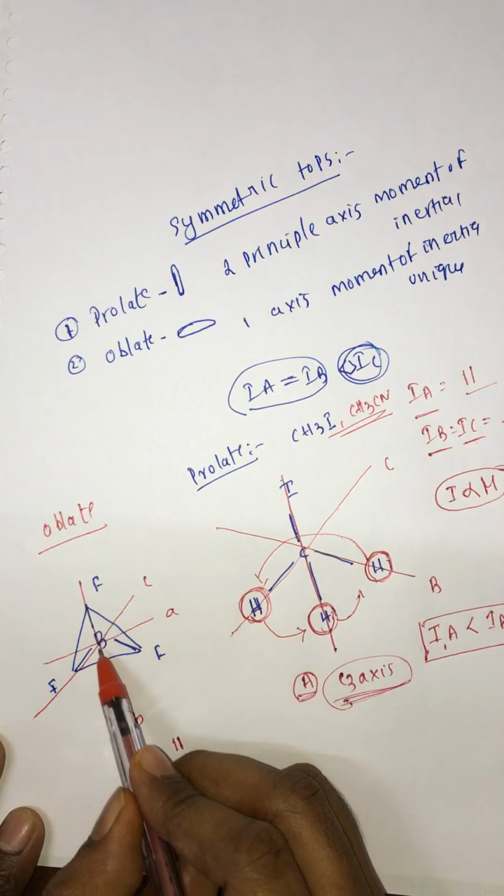This is T shape, and I think SF4 also comes under asymmetric top only. And what else? So these are the examples for the asymmetric tops. In this topic the main important ones are symmetric top and asymmetric top. So asymmetric top examples are very important. They may give one compound and ask to find which top it is, so we need to identify that.